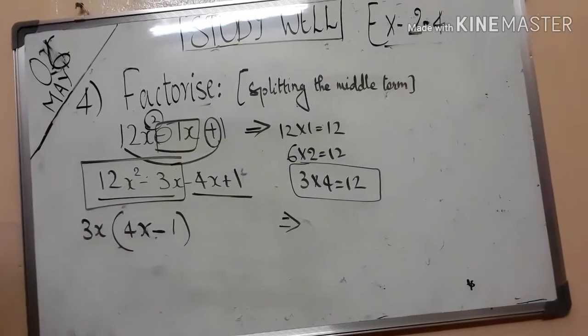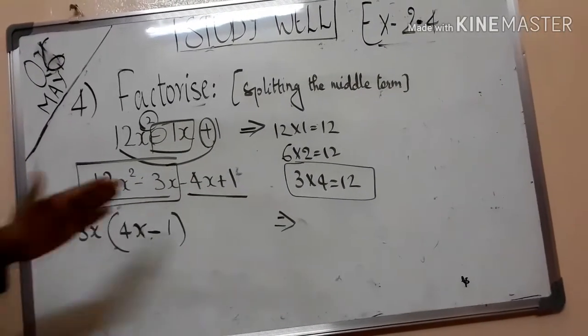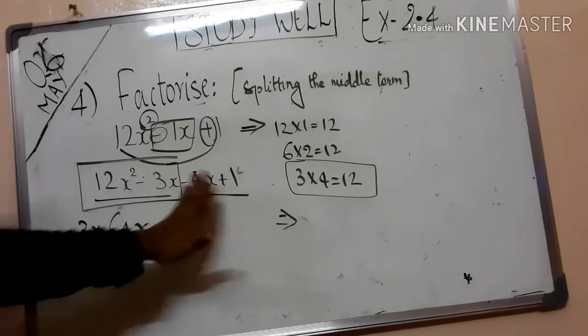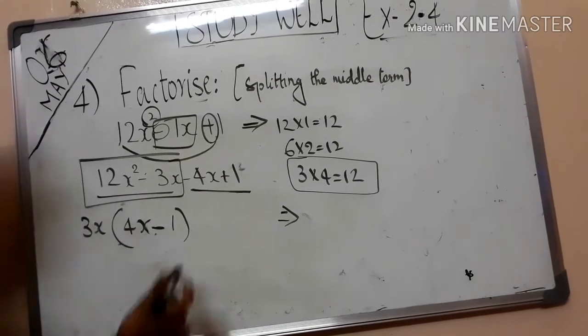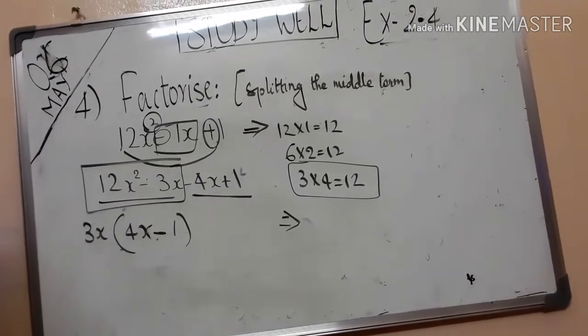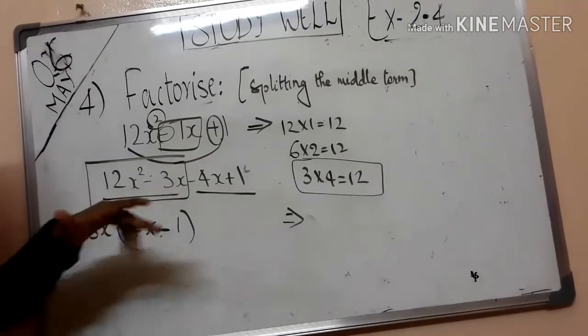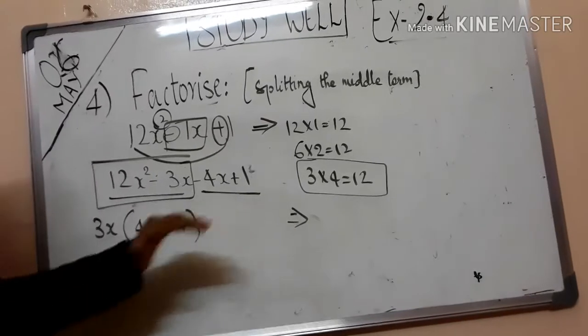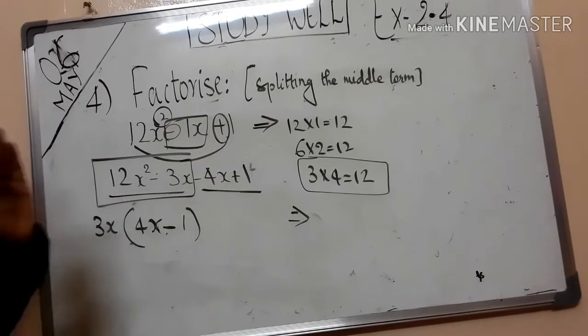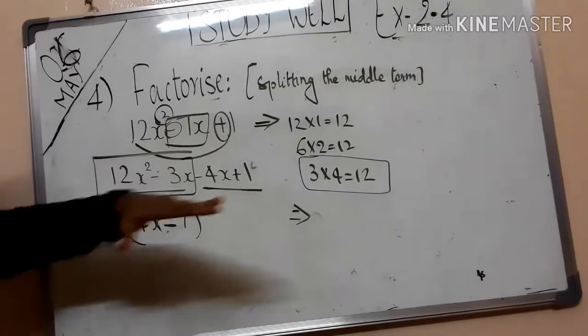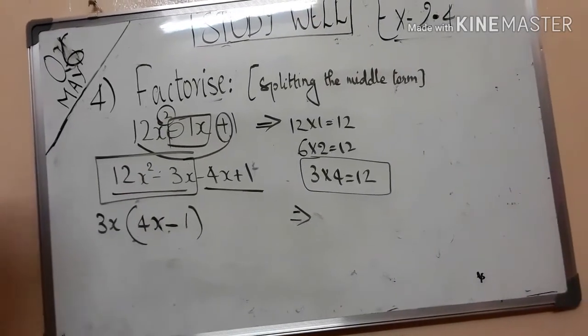Now here we know the second group, we know that there are no common terms, because minus 4x is not common, and whenever there is no common factor, what we need to take out is 1. And here if we take out the positive 1, then the answer will come out as minus 4 plus 1.